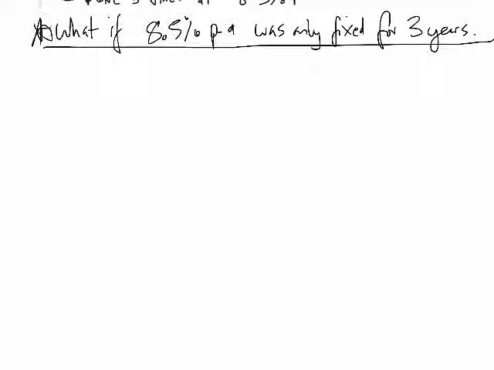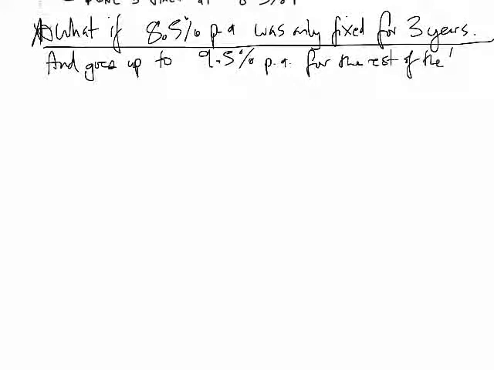Okay, so let's do this scenario where it's only fixed for 3 years and goes up to 9.5% per annum for the rest of the loan. What are the repayments going to be in this situation?